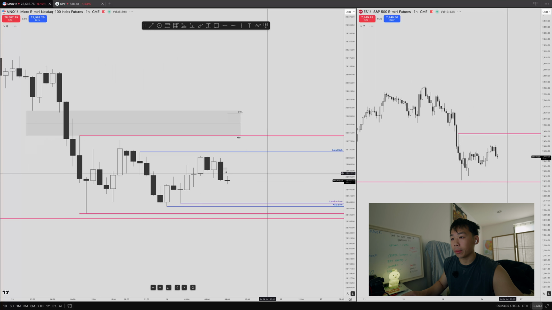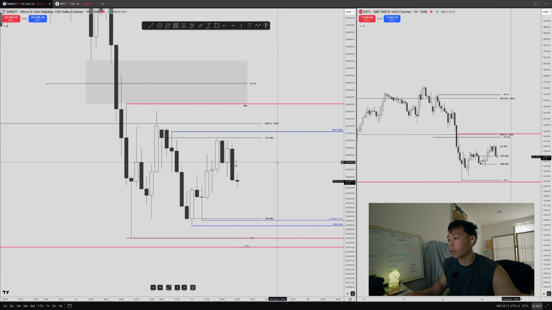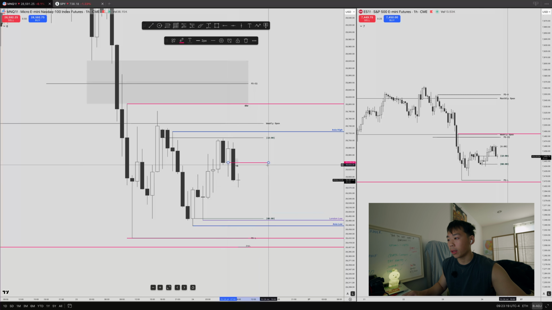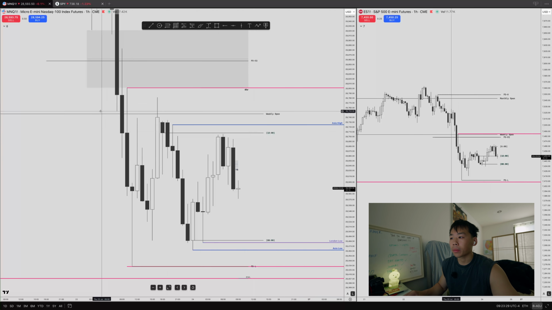And on the hourly, I actually don't see much from the hourly. Maybe this change in the state of delivery, right? This change in the state of delivery, giving us more confidence to go short today.